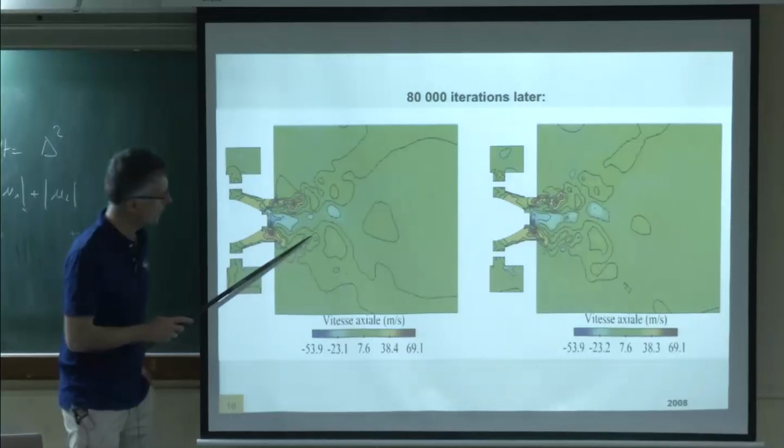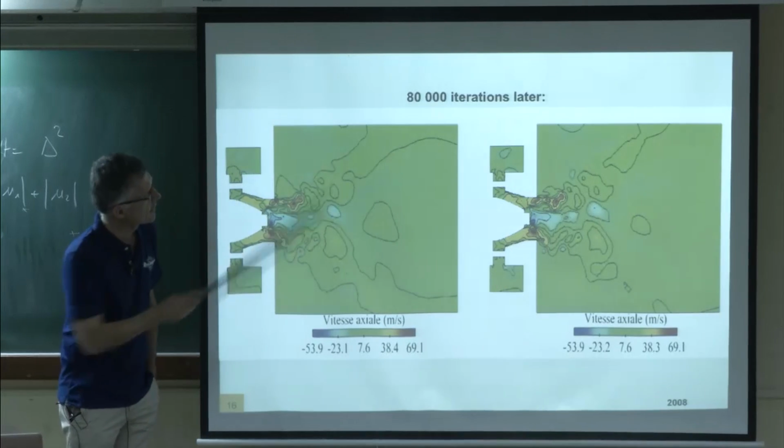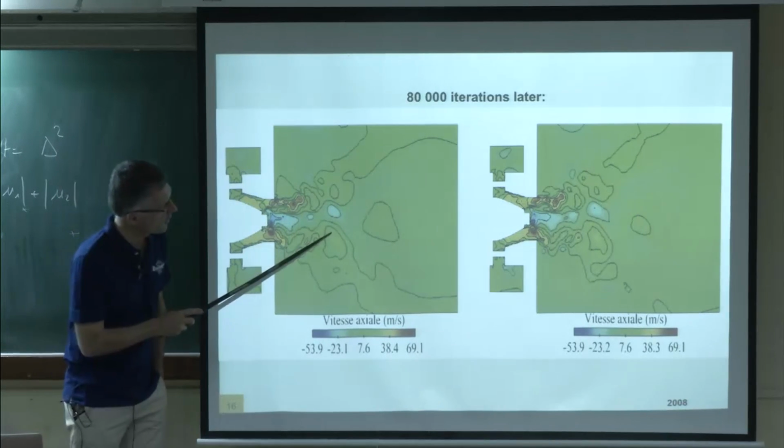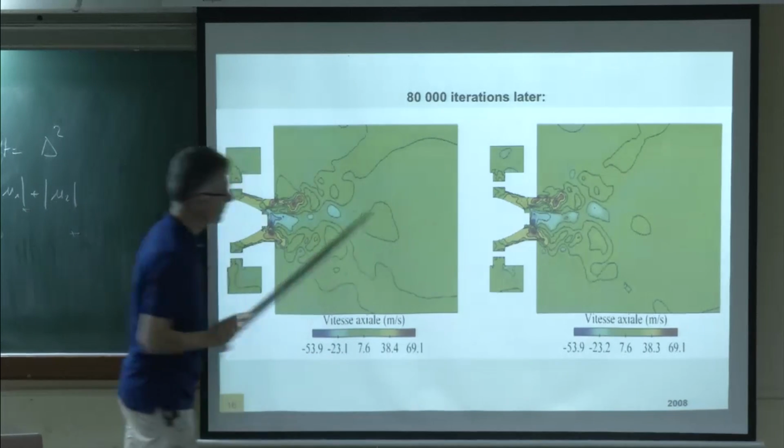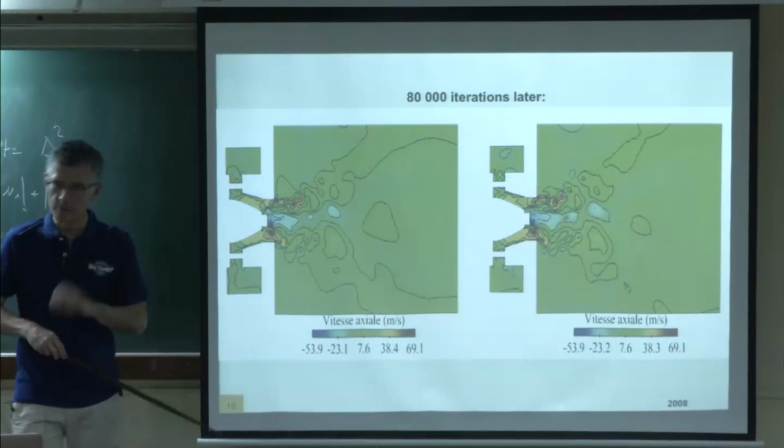If you look at the flow field, you see that after 80,000 iterations, this flow field is not exactly this one. Okay? It's just a little bit different.